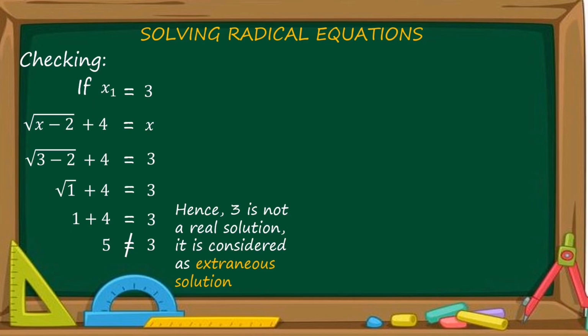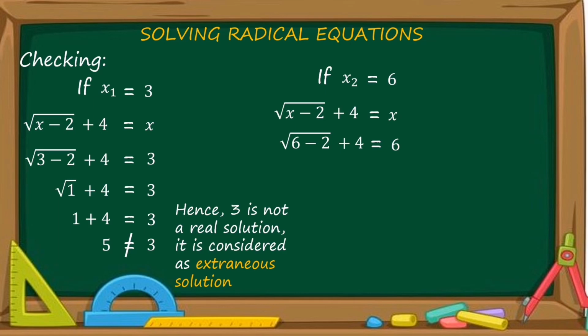Next, let us check if the value of x, which is 6, will satisfy our equation. The square root of x minus 2 plus 4 is equal to x. Substitute 6, that is the square root of 6 minus 2 plus 4 is equal to 6.